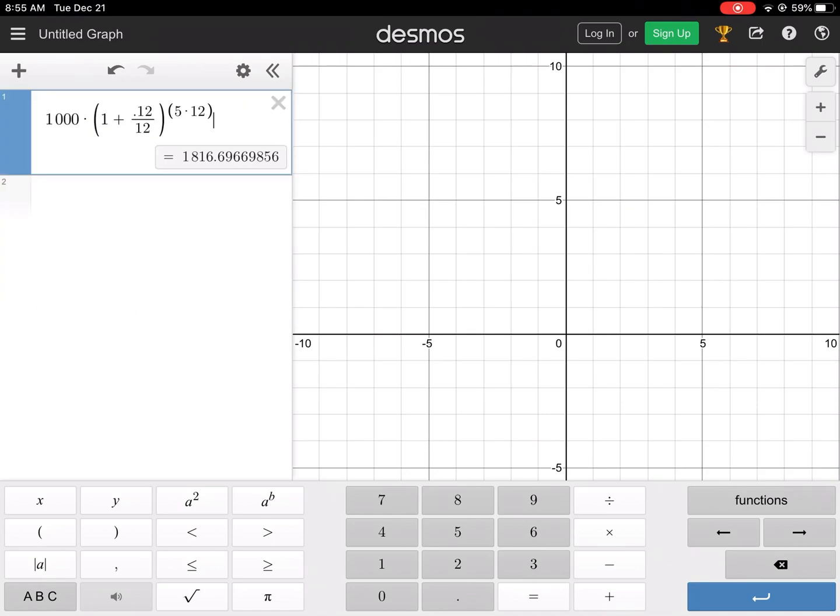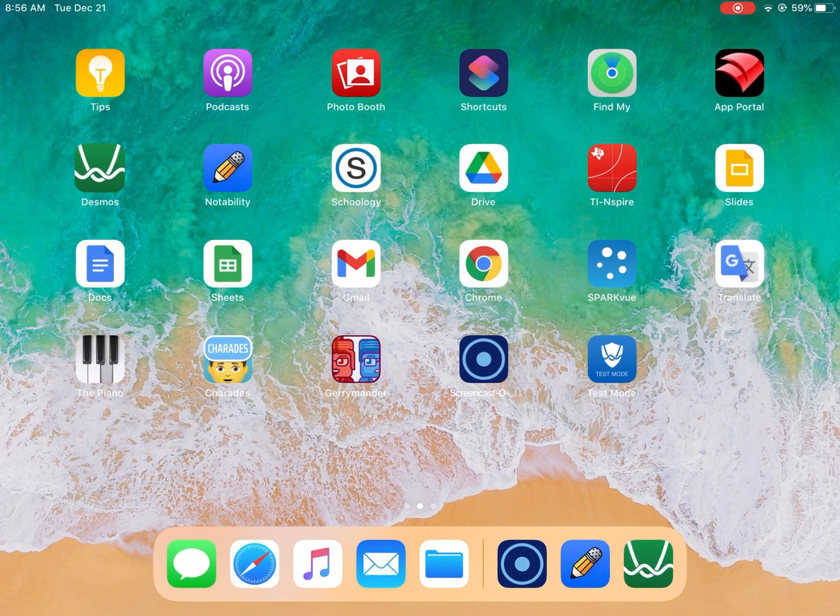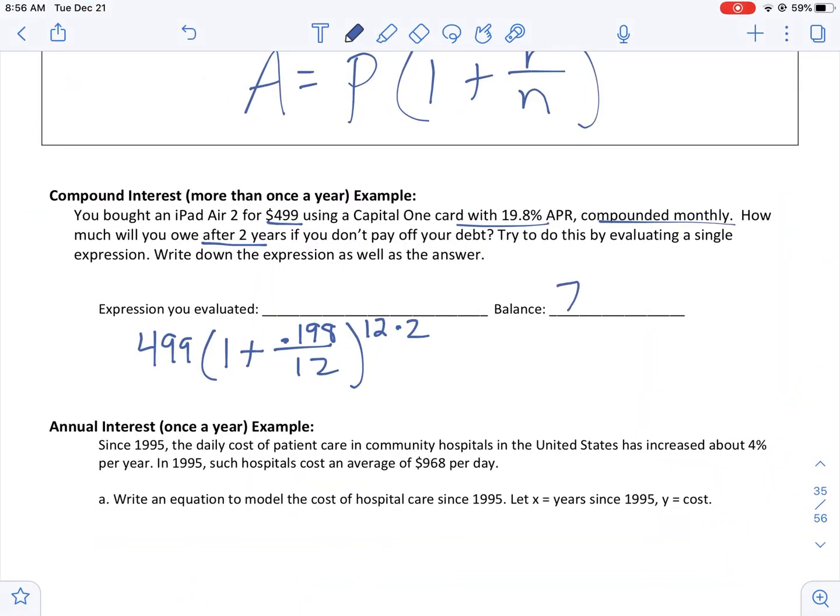So again, just type those in, watch the parentheses. $4.99 times 1 plus 0.198 divided by 12 to the power of, and we've got to put parentheses there, 12 times 2, and that gives $7,403.90.